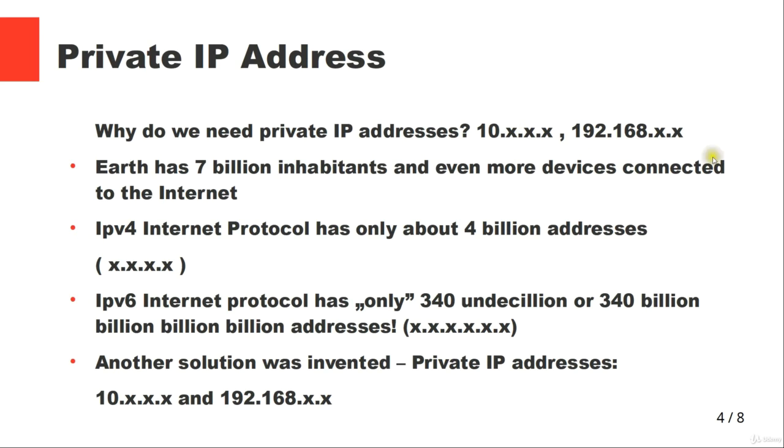So those addresses will be used only on LANs. They cannot be used over the internet. If you type one of those addresses in the internet, it will go nowhere. They're not routable. They're only valid in your local area network, LAN, and you can use them as you wish.